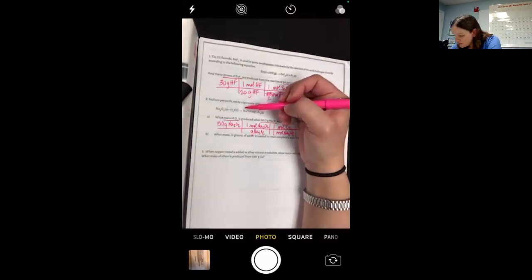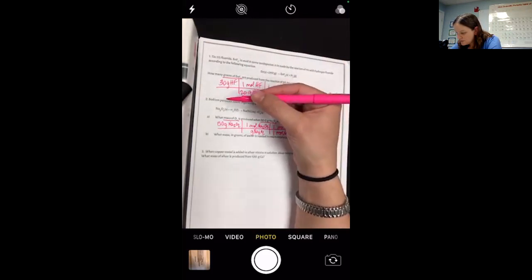So if we're going to balance this equation, I'm going to start by putting a 2 in front of the water, so that I have an even number of oxygens on the left.